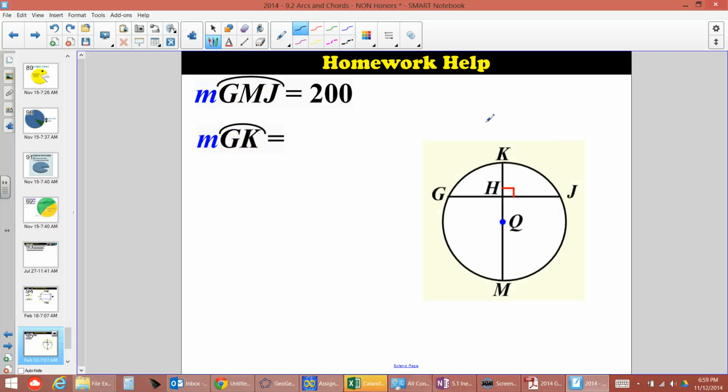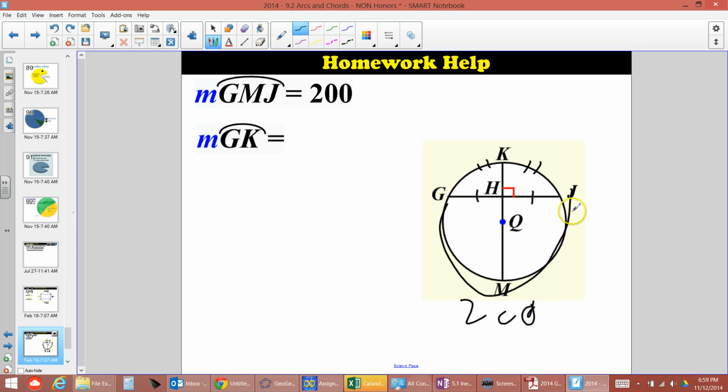Now, over here we have GMJ. Oh, that's an arc. GMJ over here, all of this out here is 200. Well, how big is GK? Now, again, remember it's a diameter and it's perpendicular. That means that this arc is equal to this arc.